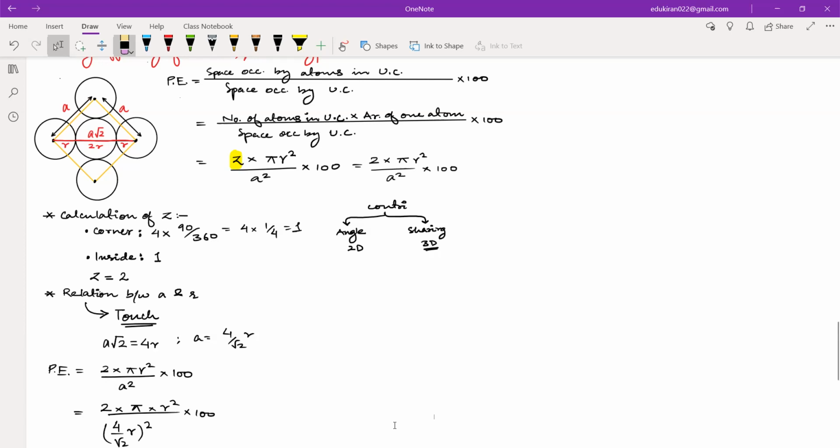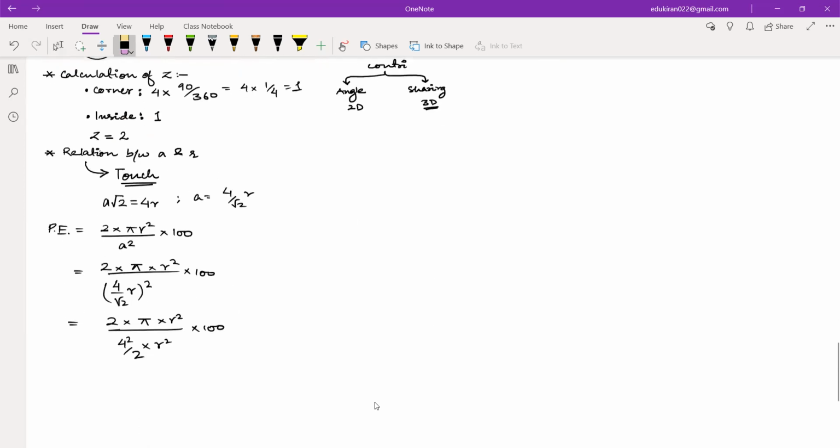Both of you are done, but please calculate this packing efficiency also and send me in chat what the answer is. Solve this down. You'll put this 2 over there into 2 into pi, oh no, you can eliminate these r square, obviously. You get pi here divided by 4 into 4.